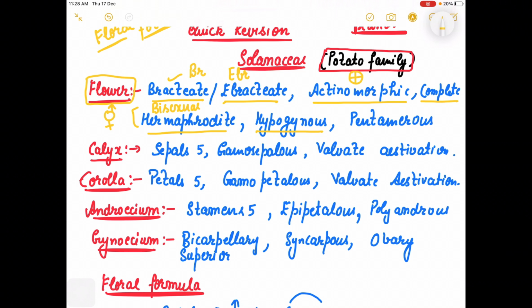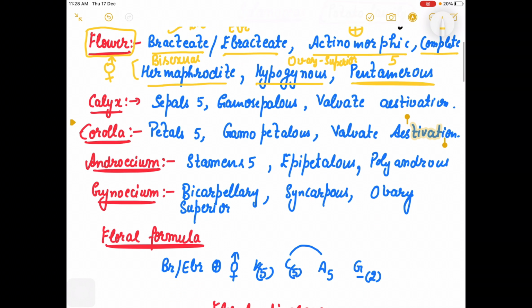Flower is hypogynous, means ovary is superior. Ovary will be superior in the hypogynous flower, and it is pentamerous again, 5 or multiple of 5. Calyx. Now we are moving to the first whorl, that is the calyx, because it is a pentamerous flower, means sepals are 5, and if the sepals are fused, that condition is known as gamosepalous.